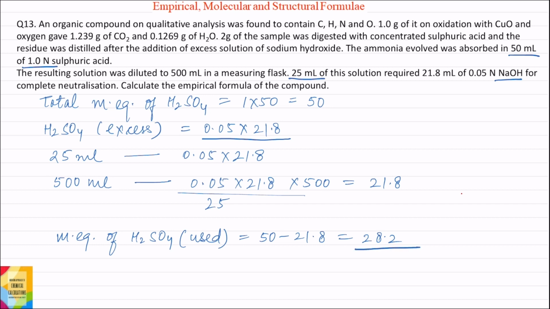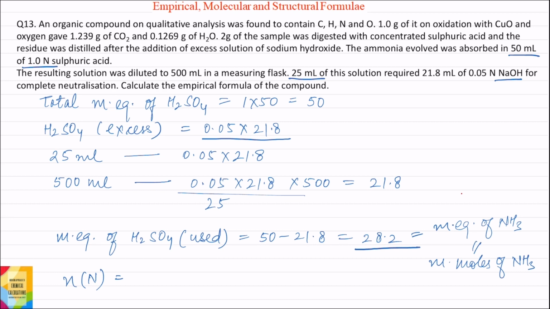Now this is also equal to milliequivalents of ammonia, and it is also equal to millimoles of ammonia. Now 1 mole of ammonia contains 1 mole of nitrogen.